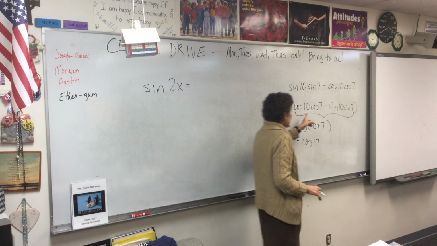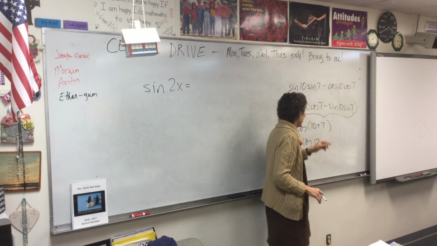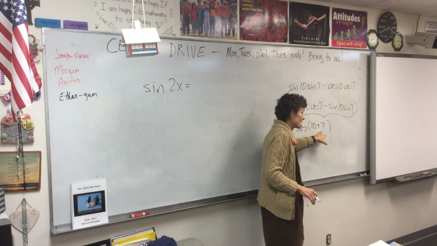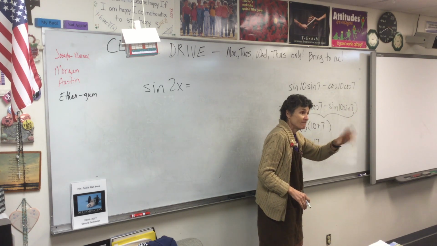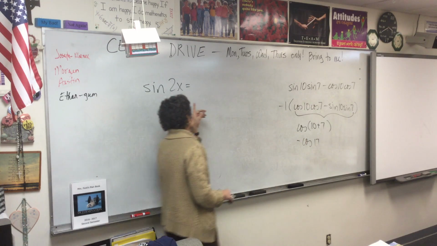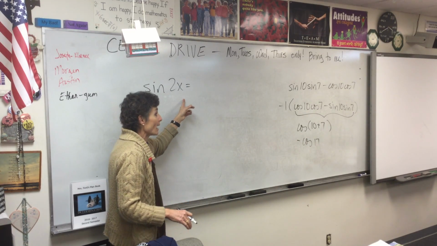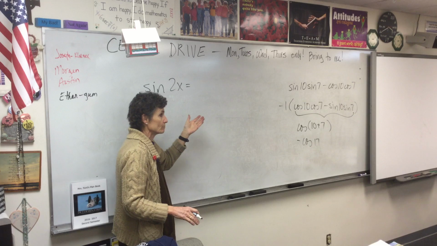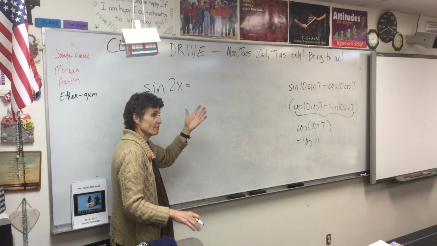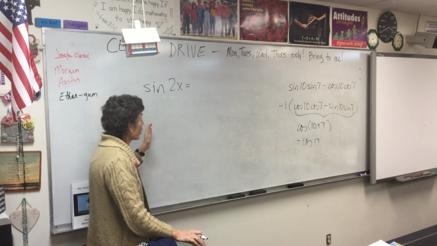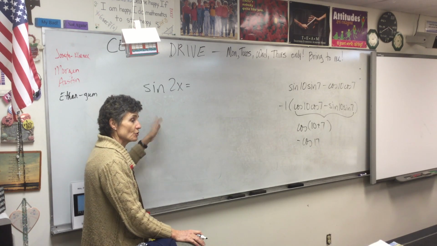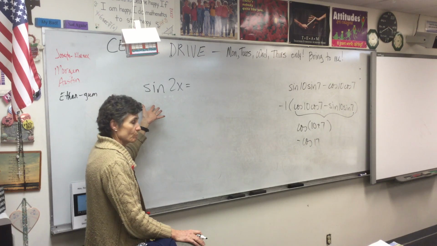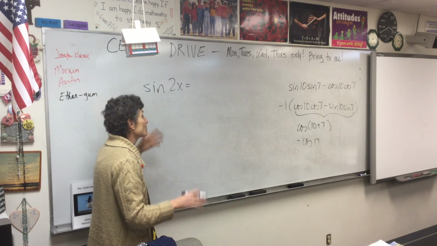Now, the identities that we've been using are called the sum and difference identities because they deal with u plus v. These guys deal with 2x or x over 2. Double angle, half angle. All right, so let's talk about a couple of different kinds of problems that you'll be doing with these formulas.